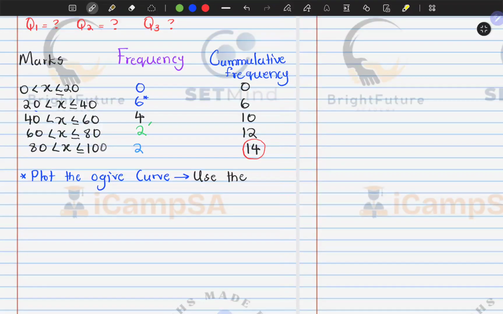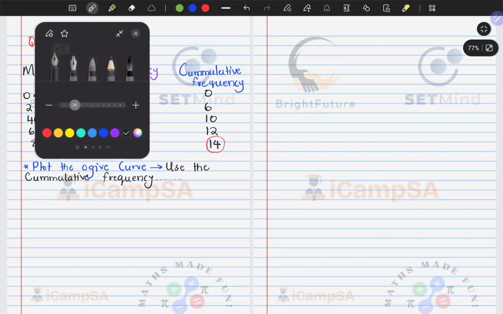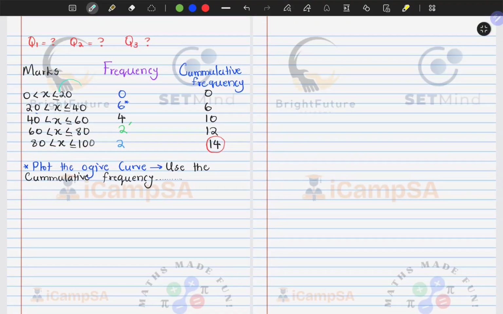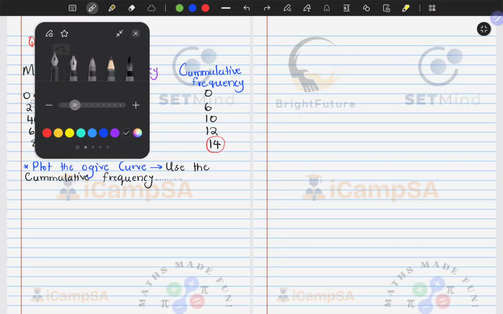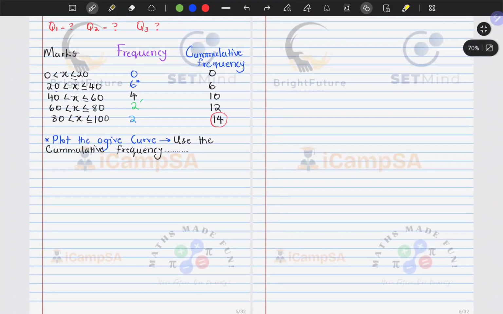We use the cumulative frequency, not the actual frequency. That is very important. Also, what I need you to note is that we will use these ends on our horizontal axis. What do I mean? Here's what I mean. We'll have our horizontal axis like this, and then our vertical one.